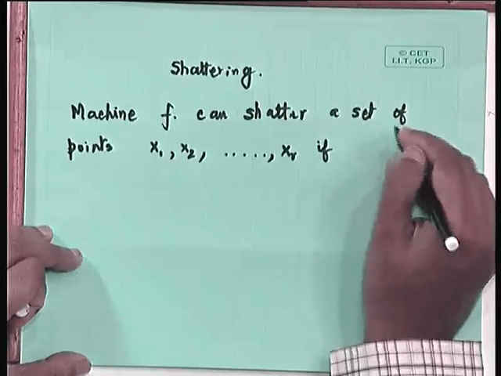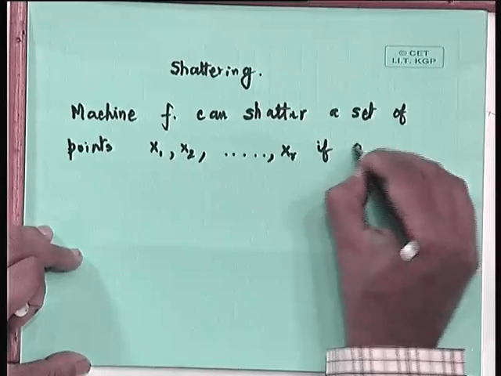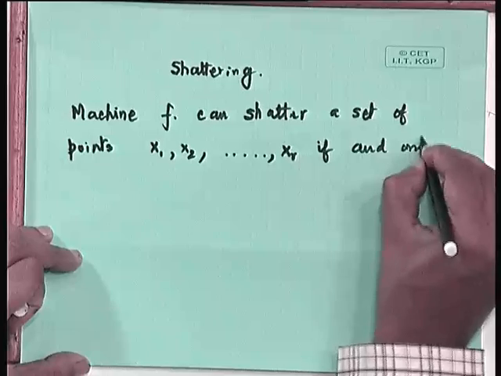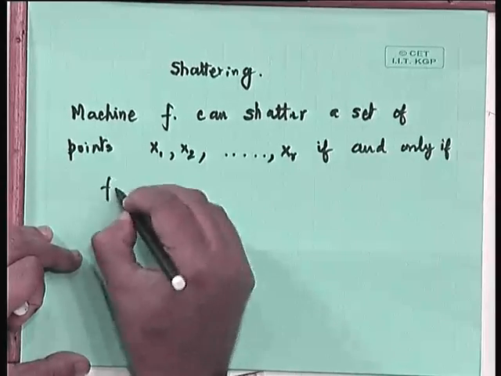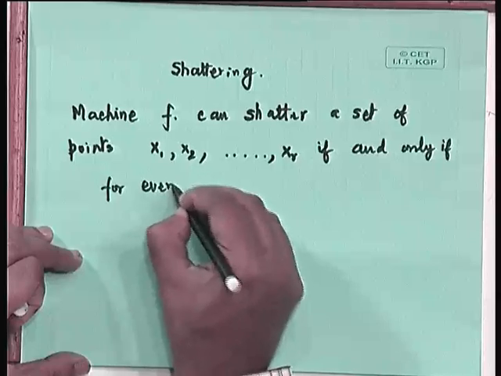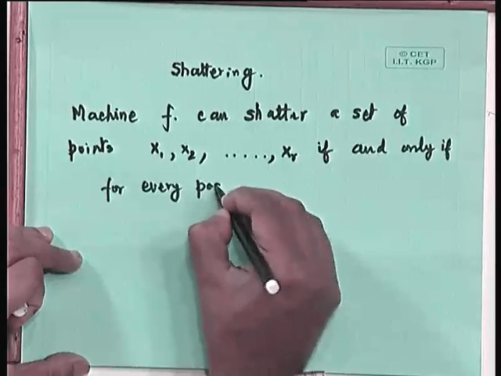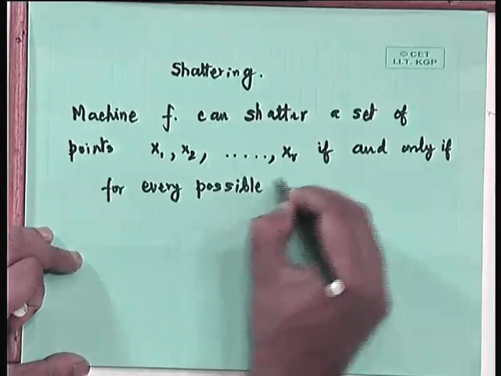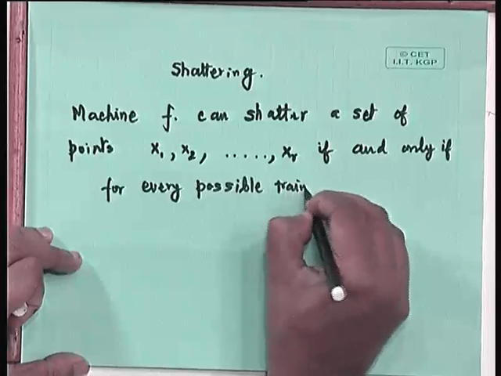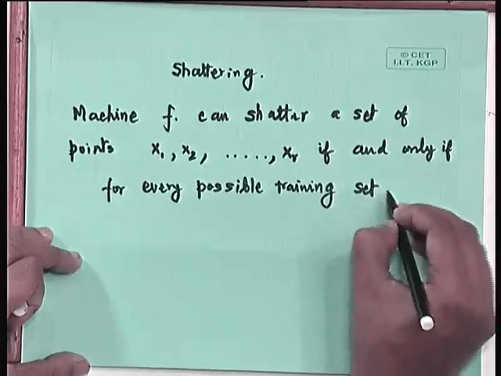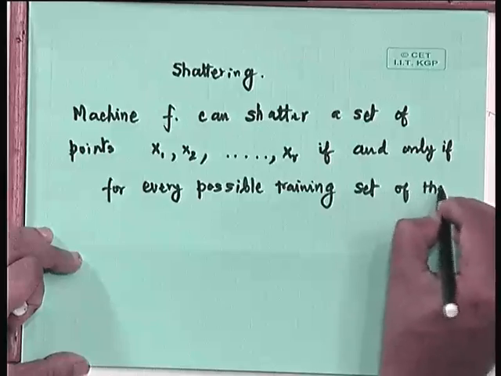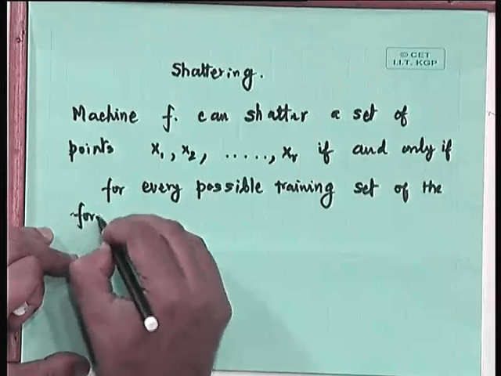So, it can shatter a set of points if and only if for every possible training set of the form, now how are we indicating that training set?